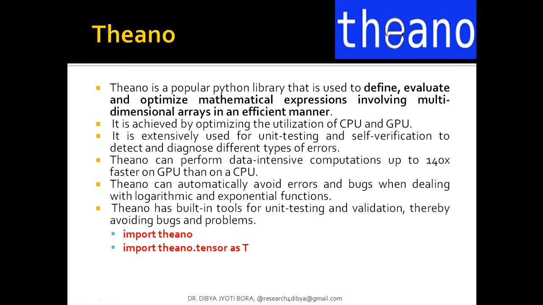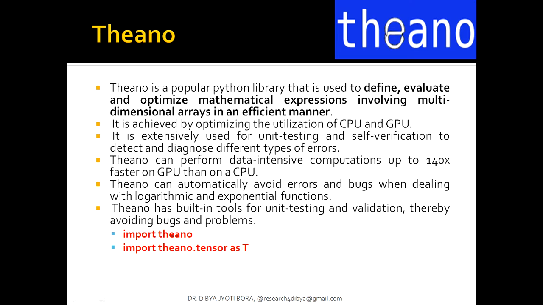Then next you have Theano. This is again a popular Python library that is used to define, evaluate, and optimize mathematical expressions involving multi-dimensional arrays in an efficient manner. It achieves that by optimizing the utilization of CPU and GPU. That is a very important task, because when you optimize the utilization of the CPU and GPU, obviously your performance will be improved. It is extensively used for unit testing and self-verification to detect and diagnose different types of errors.